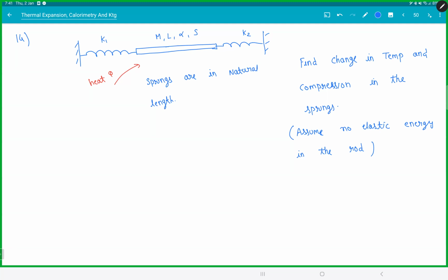What are the other equations? You'll get three equations to solve for three variables. Right, Vihan, you got them.